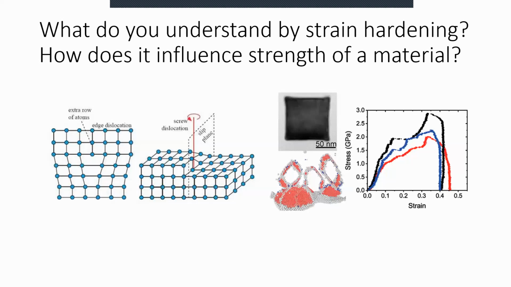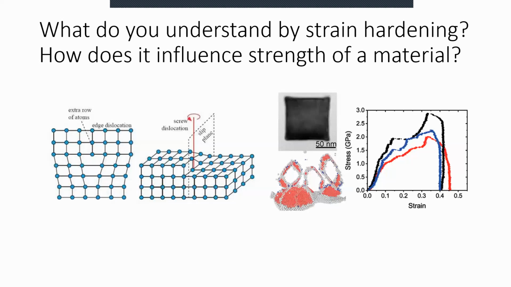So we have dislocation defects and screw defects, all generated during the processing of this particular material. We have edge dislocation and screw dislocation.